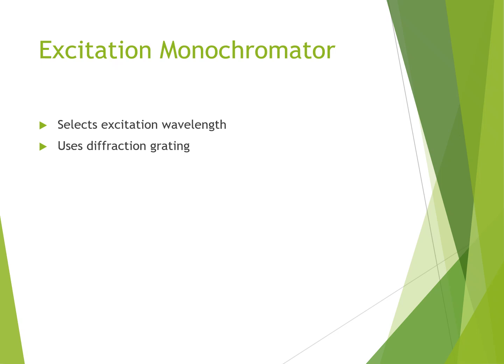The excitation monochromator selects the wavelength that excites the sample, so it is termed the excitation monochromator. It uses diffraction gratings for wavelength separation. It is very useful.